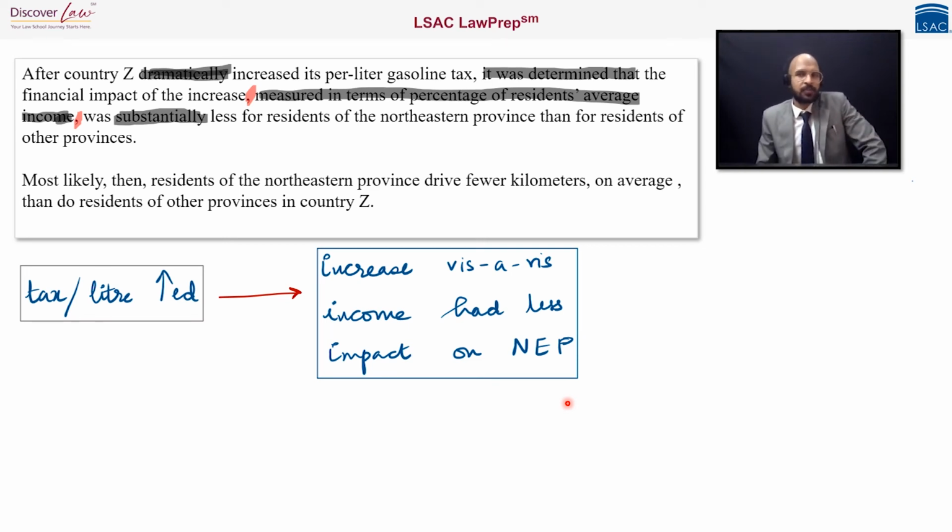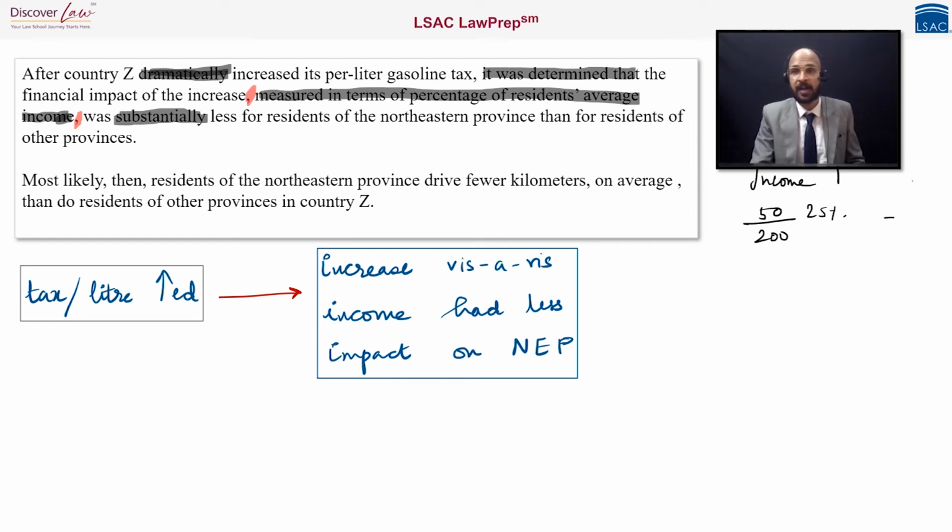Now I want you to think, what are the reasons that the impact could be less? One reason, like we just saw, is that the financial impact is lesser if the income is more. When you have 200 rupees and there's an increase of 50 rupees, that's 25%.